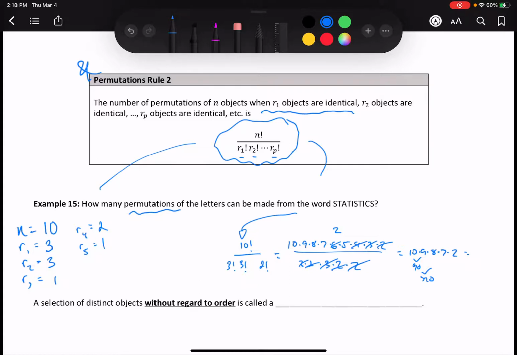Whew, 720 times 7. Well, 700 times 7 would be 4,900, and 20 times 7 would be 140, so that must be 5,040, and then we have to multiply that by 2, so that's going to give me 10,080.